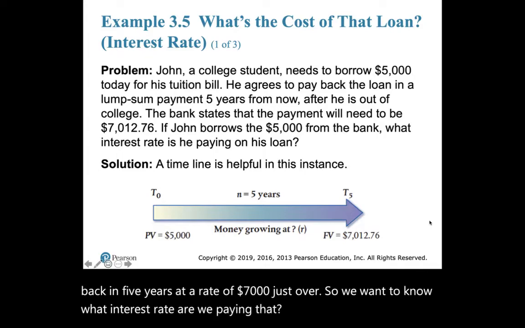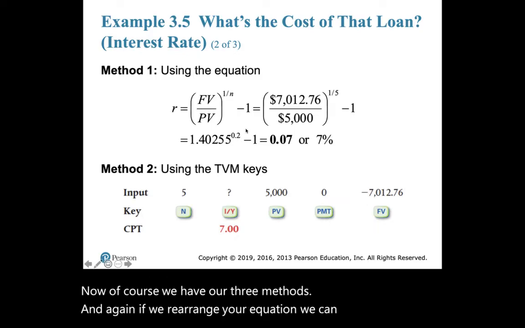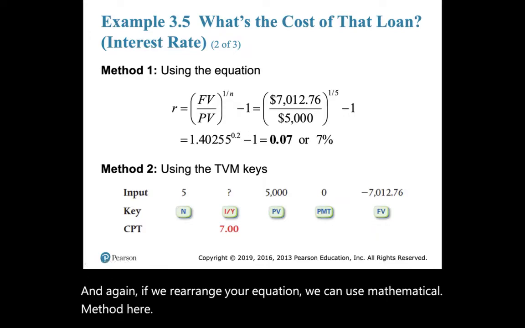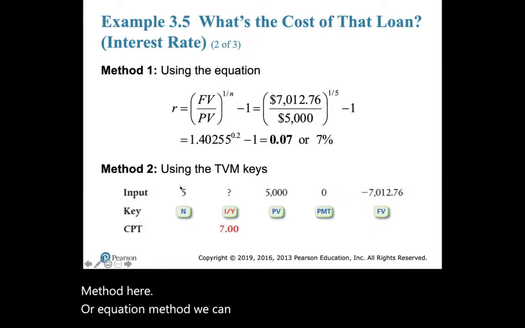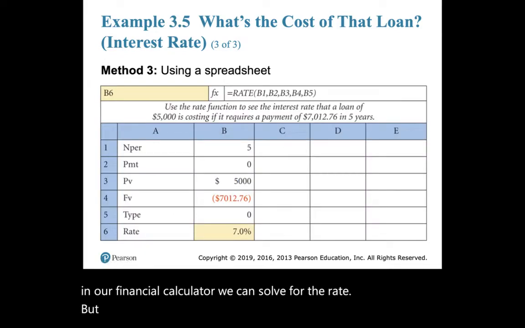Now, of course, we have our three methods. And again, if we rearrange our equation, we can use the mathematical method here, or equation method. We can also, now knowing our time value keys in our financial calculator, we can solve for the rate. But here, using our spreadsheet, we can recognize that Excel actually has a rate formula.